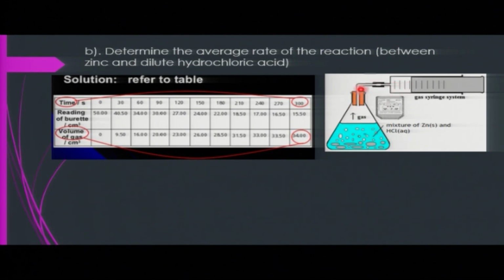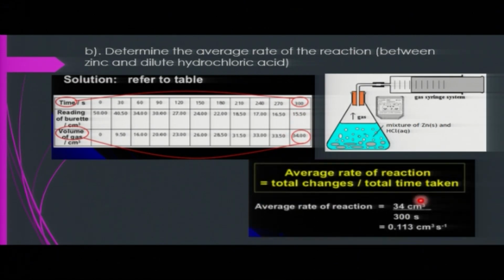So the more the gas, it pushes the syringe, so we have the whole container, 34 cubic centimeter in this syringe. So this is the total volume, this is the total time taken. And so we have our average rate for that reaction as 0.113 cubic centimeter per second.